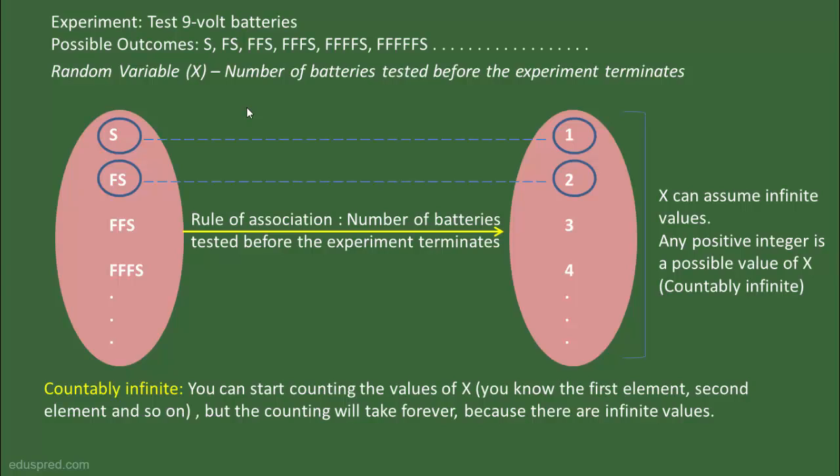Any positive integer is a possible value of x, and this is what is called countably infinite. Basically it means that you can start counting the values of x. This is the first value, this is the second value, and so on. But the counting will take forever because there are infinite values. So if you have a random variable that has countably infinite values, then that random variable is a discrete random variable.